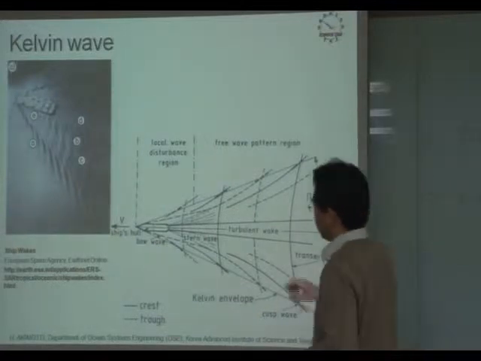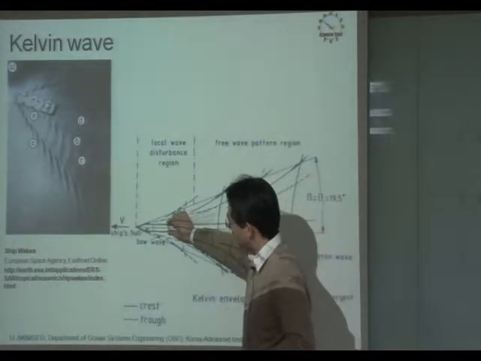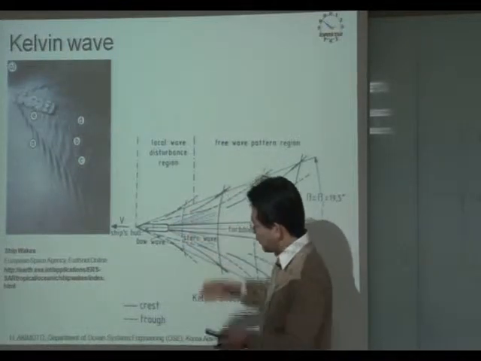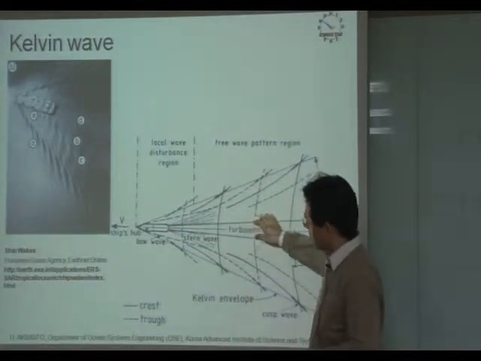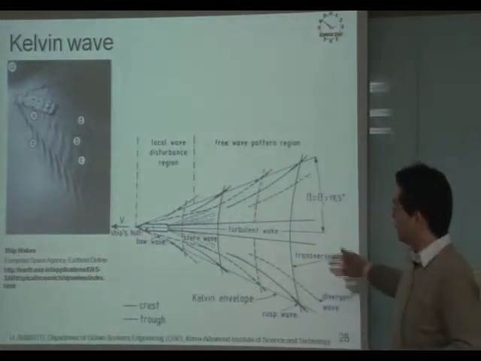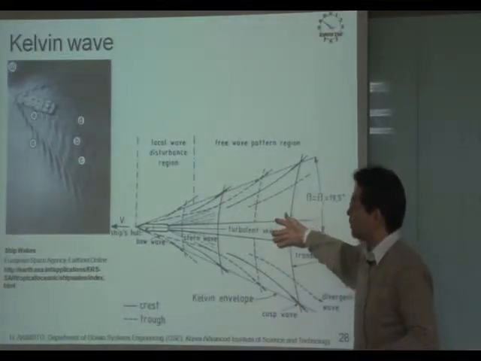Actually, just behind the ship, a region with the width of the ship is occupied by turbulent wake. So the wave pattern is not significant in this region.